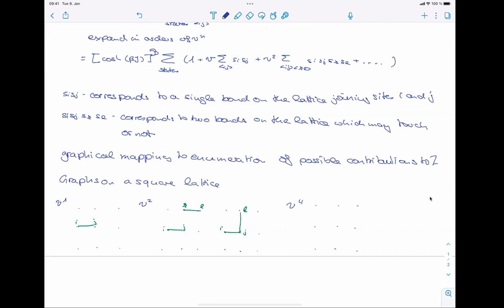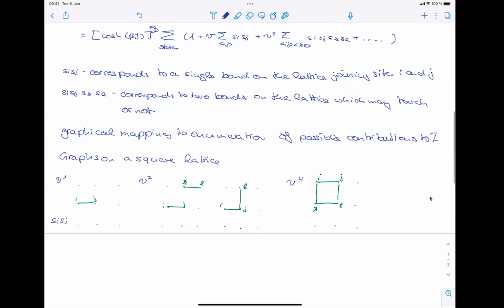And so for example, these 4 bonds can now form a square on the lattice, right? Where I have one bond going from i to j, one from j to l, from l to k, and from k to i again. Let me just write down the terms for this too. So this is si sj, si sj, sk sl.